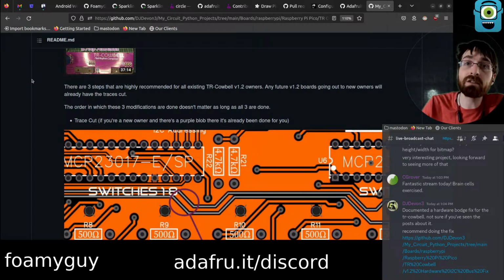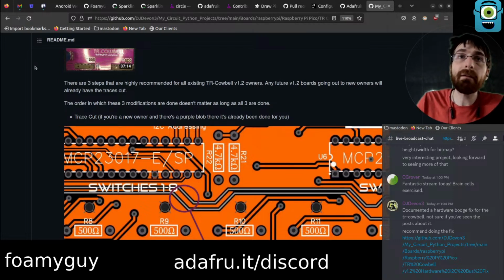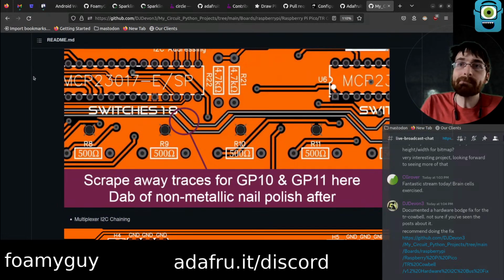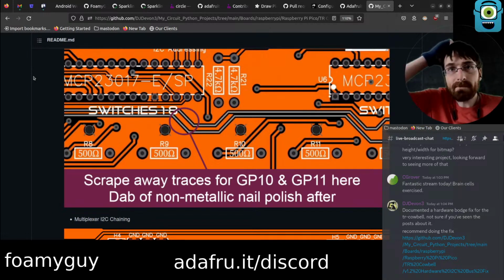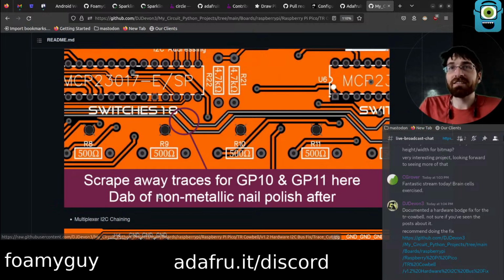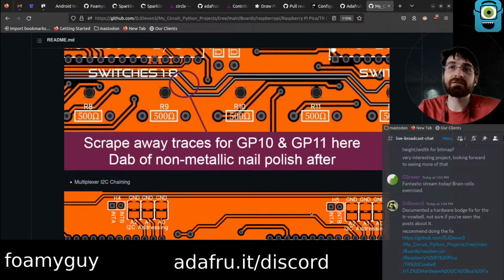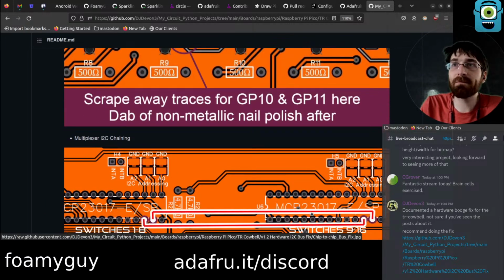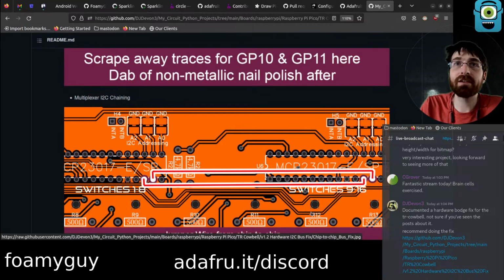So one of those gets cut, it looks like. Non-metallic. Chrome nail polish is not what I should use while I'm trying to cut a connection.